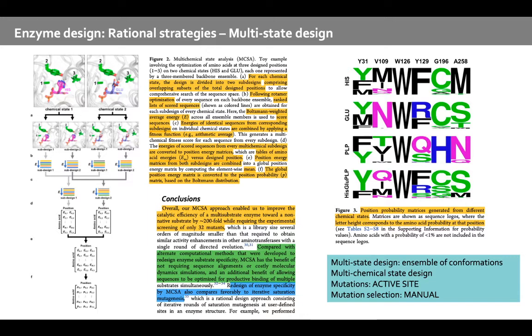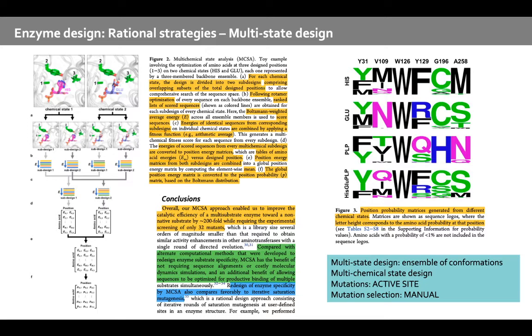And if you look at the right side again at this position probability matrix, you see that, for example, at the PLP bound state, at position 31, there's a high propensity of putting a phenylalanine or a tyrosine.